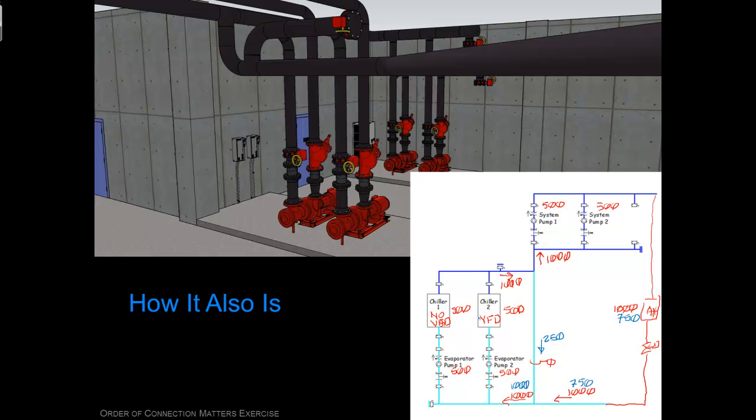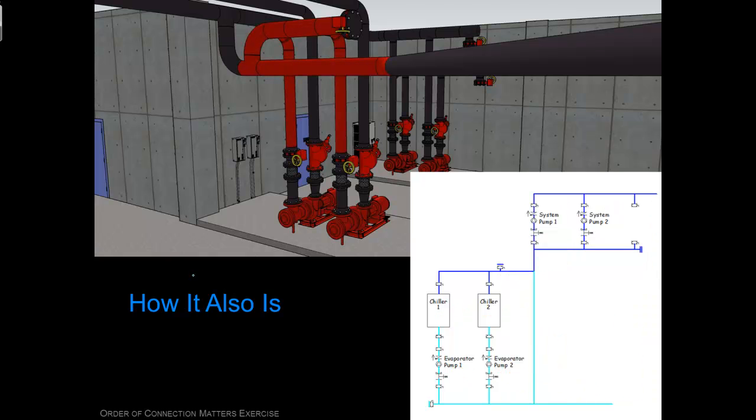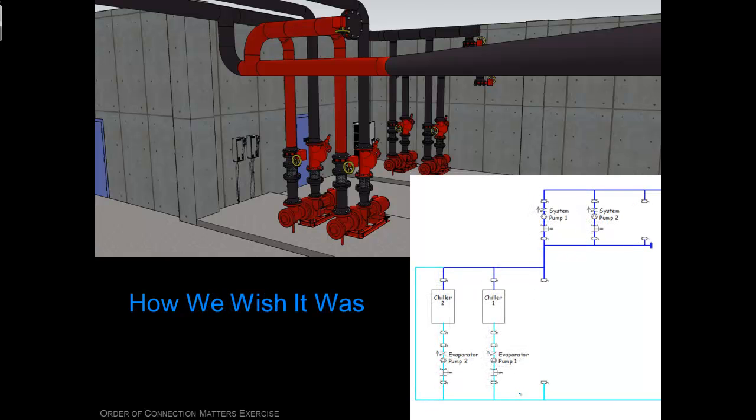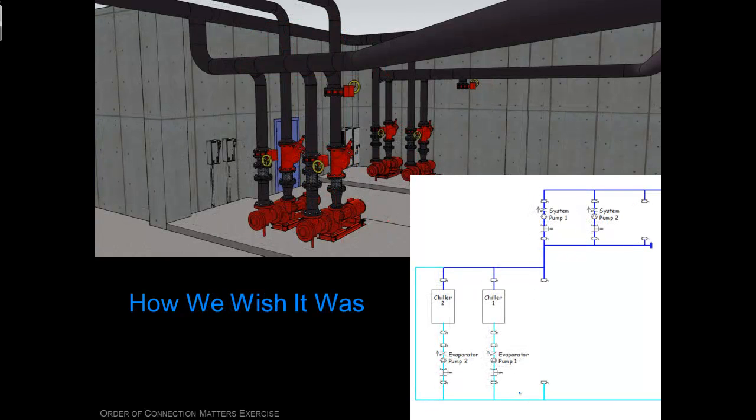Okay, as I step through the slides, I'm going to bring up another system diagram here that's going to show that in a schematic. But watch that section of pipe right there, because that's where the change is going to happen. Okay, this is how it's piped. That's how we wish it was piped. Now I'll back up.